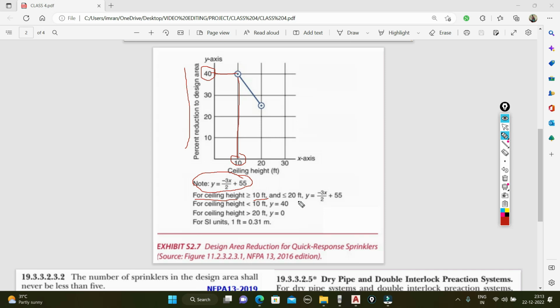But how do we consider it? We have to remember this formula.